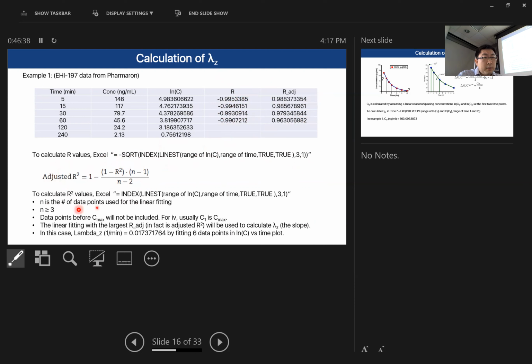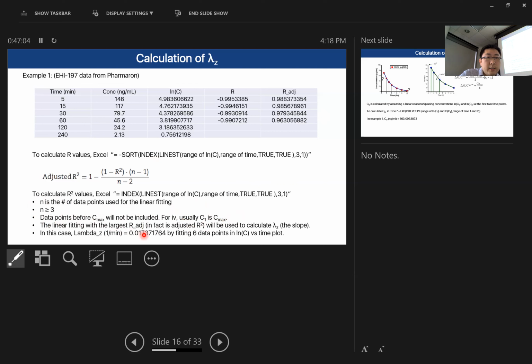So N is the number of data points, right? N should be at least 3. You need at least 3 data points to do the fitting. Data points before Cmax will not be included. That's mostly for oral administration. You may have a couple data points before Cmax. That's not considered in this fitting, right? But for IV, generally, the first data point will be your Cmax.